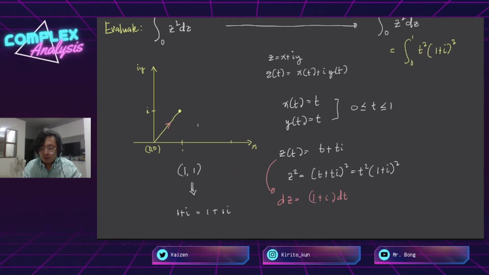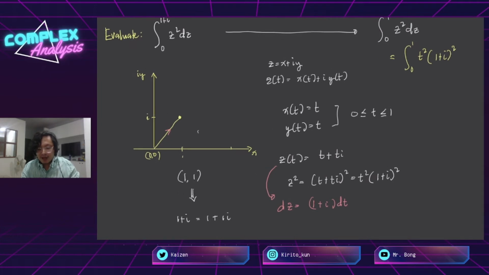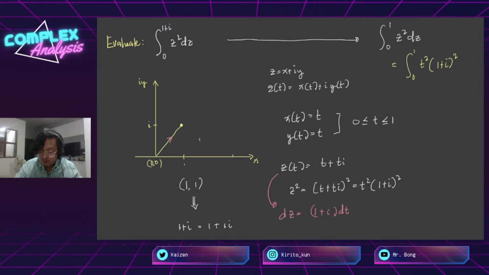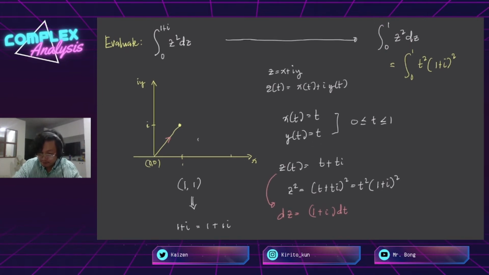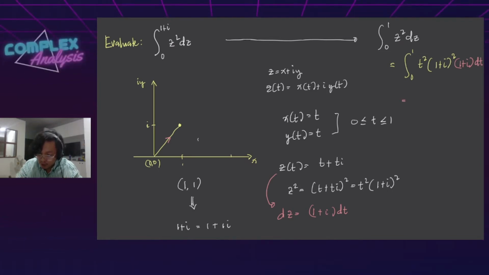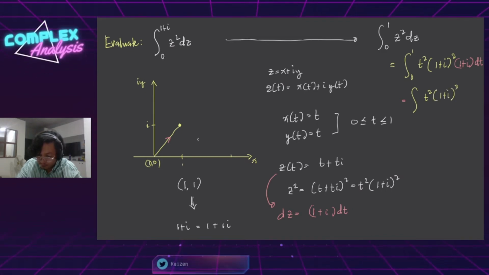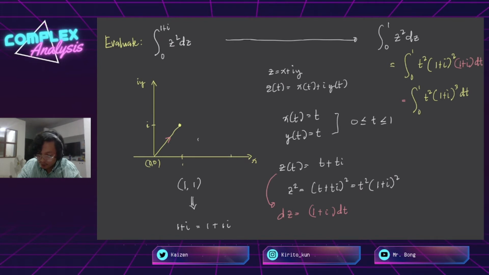So since dz is equal to (1 plus i) dt, if we substitute it into our given function, then we will have (1 plus i) times dt. Okay? Then combine like terms. So we will have the integral of t squared times (1 plus i) cubed dt from 0 to 1.